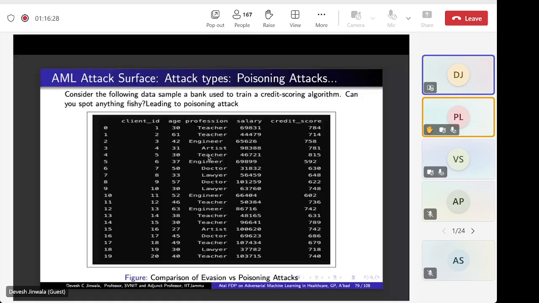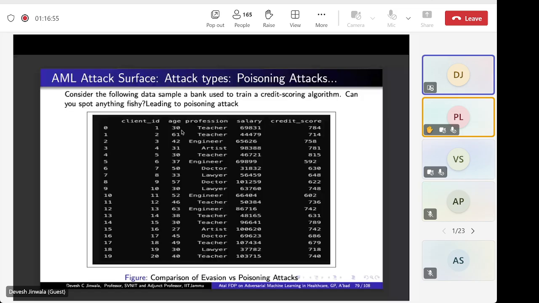So what I'm trying to point out, the question is, can you spot anything fishy? All these patterns are to be very carefully studied, but I'll straight away give the answer. If you look at the age, in all those cases where age is 30, the credit score is in a particular range only. Suppose the credit scoring algorithm says that any score below 700 is not acceptable.